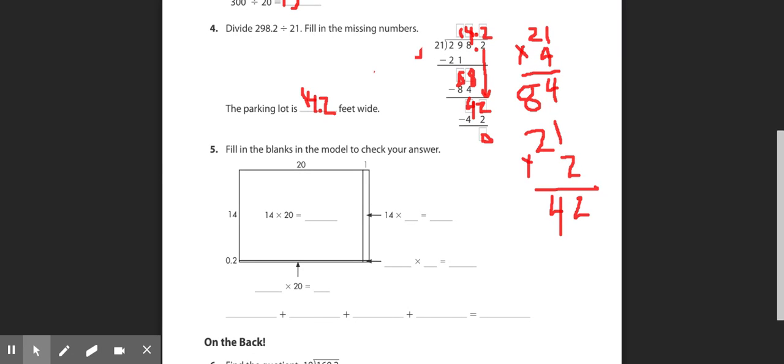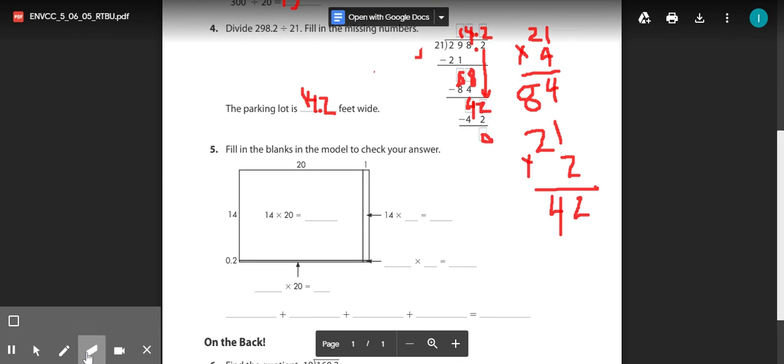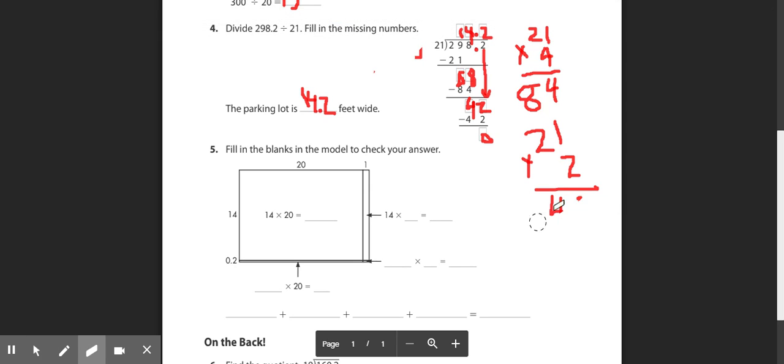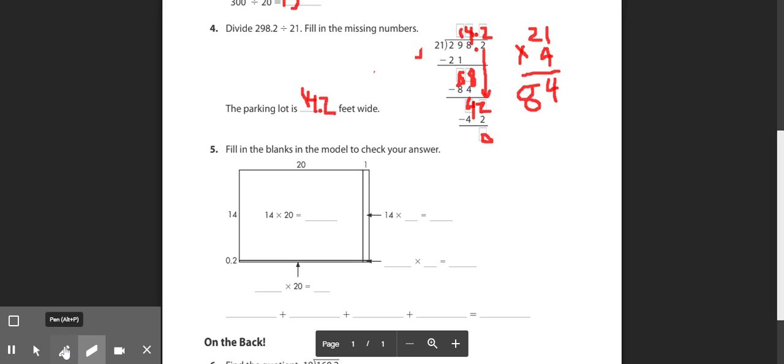So now number 5 wants us to do that, but they are going to set it up using an area model since we are finding area, right? Sorry, I'm just going to erase this out of here so we have some room to do work. All right, here we go.